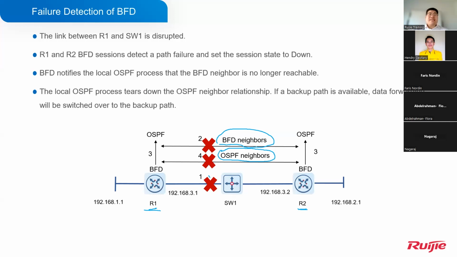So by using BFD, we do not need to wait for the hello packet confirmation, and we can tear down the OSPF neighborship in a very short time. We can switch to the backup path in a very short time. In other words, it can reduce the effect on the service when a fault occurs in the network. Okay, this is about the application of BFD and OSPF.